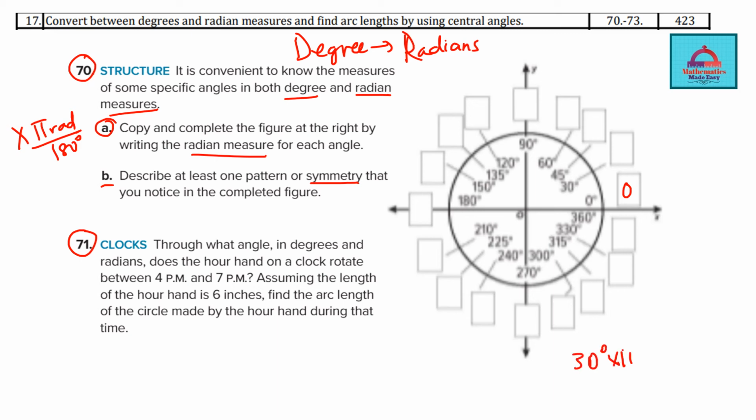You multiply by pi radians over 180. Similar calculation, 0 and 0 cancel. So 3 over 18 is pi over 6 radians. So you can fill in pi over 6 here. Similarly, for 45, if you do the conversion, it will come pi by 4. You do for 60, it will come pi by 3. For 90, pi by 2, and so on.